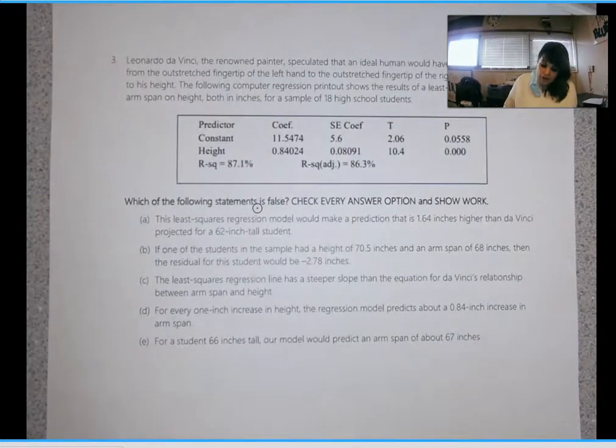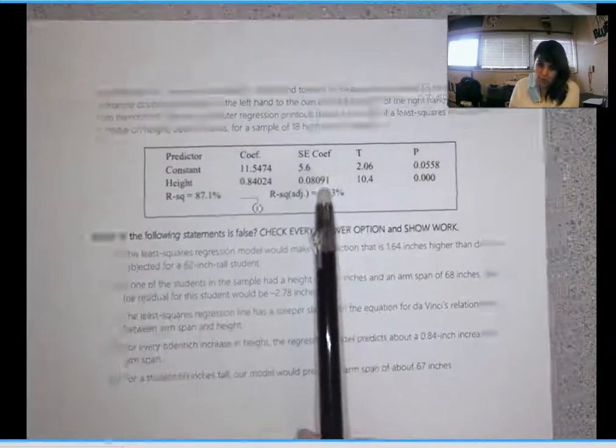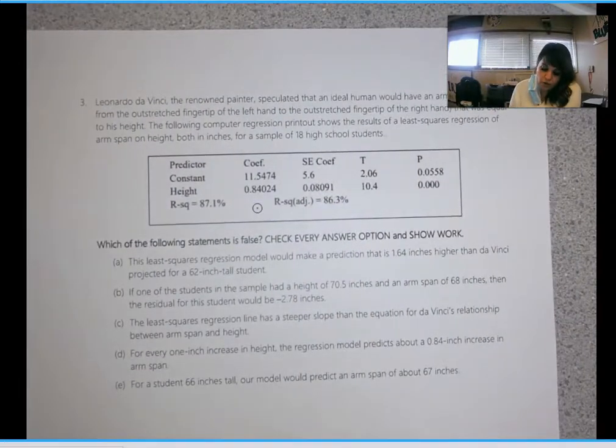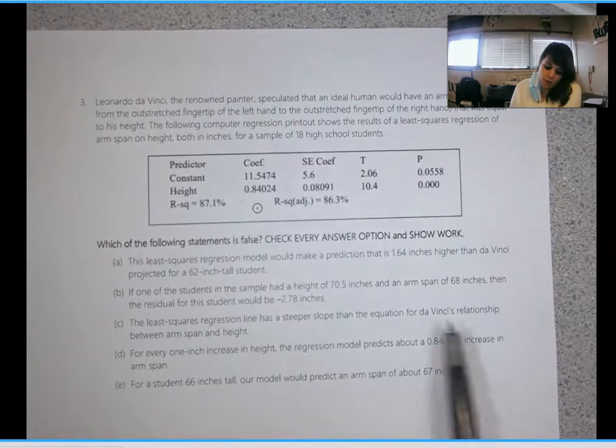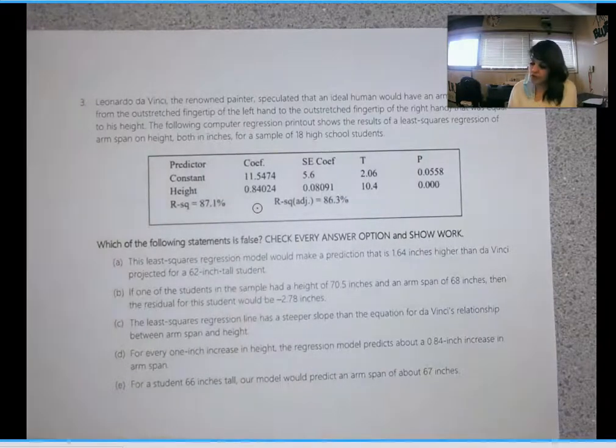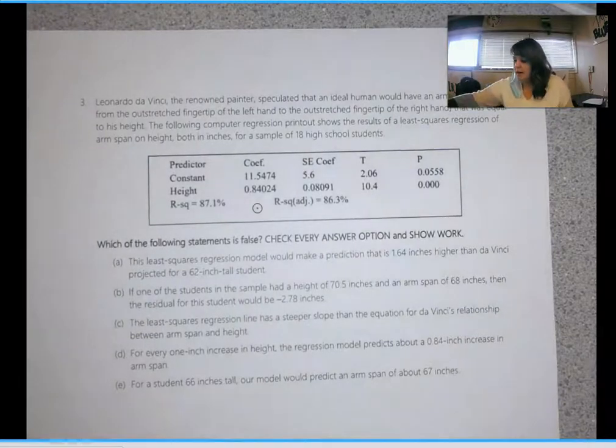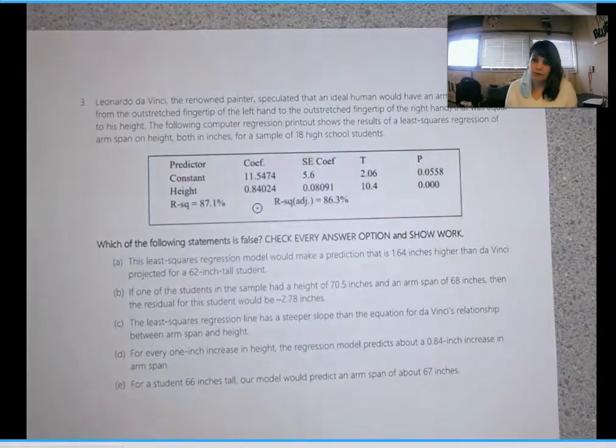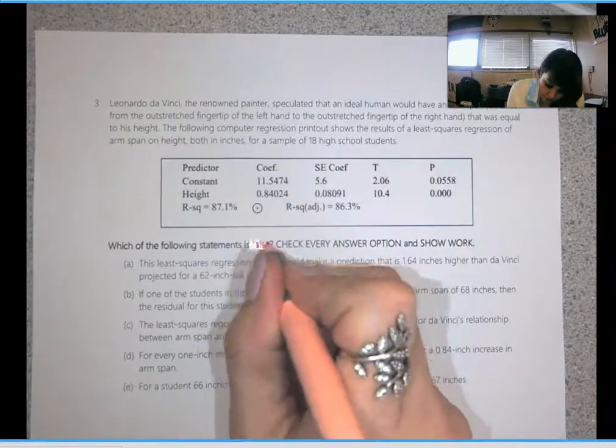The regression output, or the regression printout, shows the results of regression run on a sample of 18 high school students. Now it wants you to go through and see which of these answers is false.